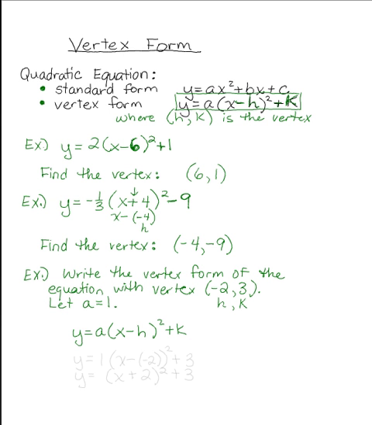So to write the equation in vertex form with our given vertex and a value, we would write y equals, a is 1, times x minus h, which is negative 2, squared plus, and our k value is 3. That stuff in the parentheses is a little messy, so you'll typically see it written instead as y equals, and you can write the 1 or not, x plus 2 squared plus 3.